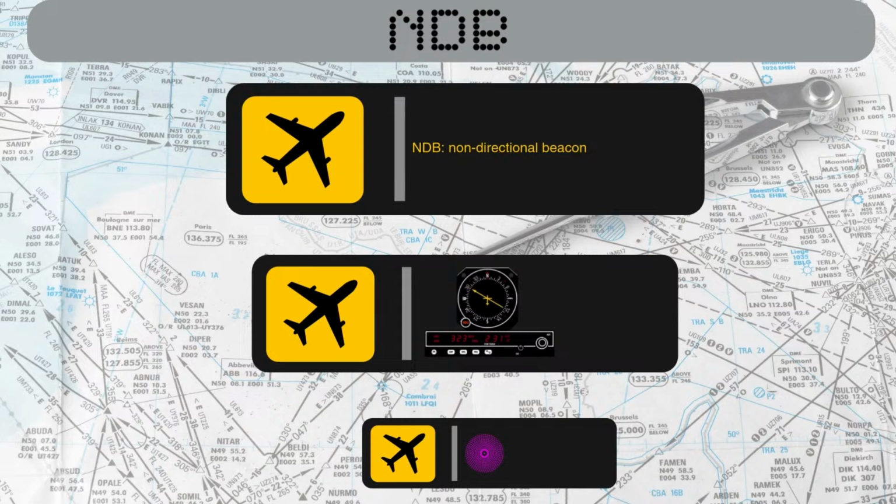So in this case, if you look at the image below, it shows that if you want to fly in the direction of the NDB beacon, then you need to turn the aircraft left to make sure that you're flying over the beacon. You can use special radio equipment to tune into that NDB. I'm not sure about the future of the NDB, but I think it's an older system which was also used in the past.